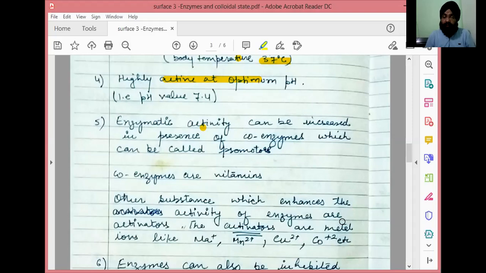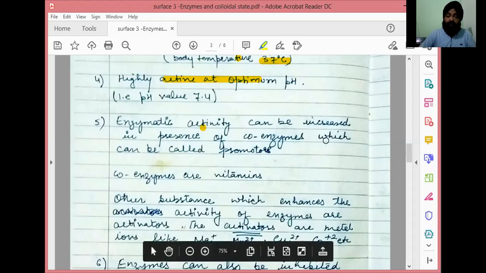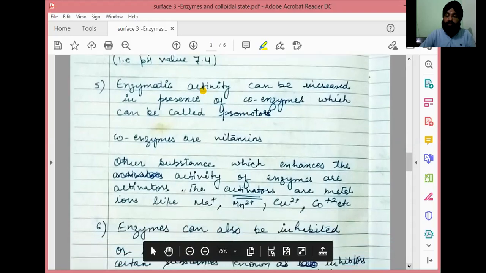Coenzymes, which are vitamin in nature, come along with the enzymes. They act as promoters, like in catalysts we have promoters. So here we have coenzymes and activators. Coenzymes are vitamins. They are not protein molecules. And activators are mineral ions, so metal ions, like sodium, potassium, copper, cobalt, iron, right? So these are the two new terms.